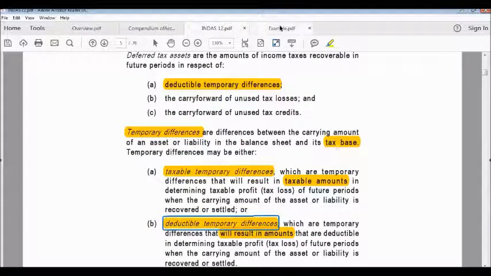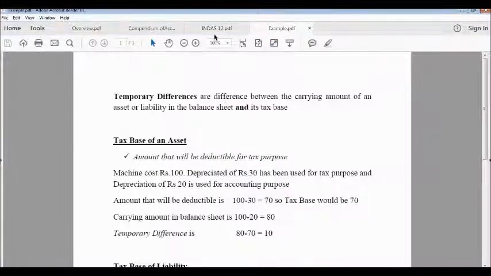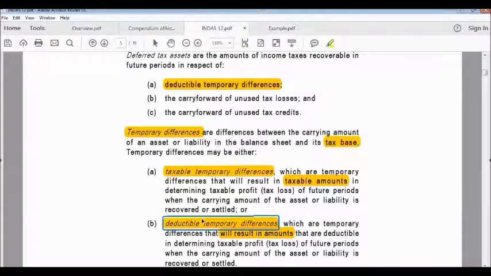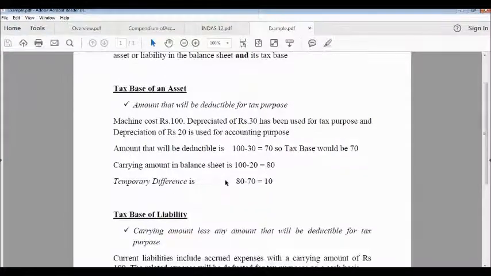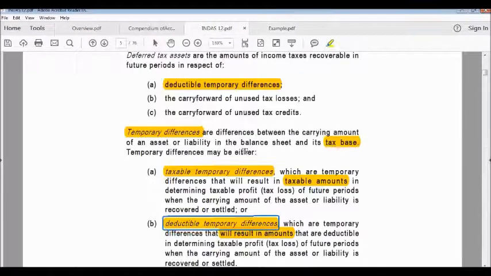So in our example, what are the taxable temporary differences and what are the deductible temporary differences? In our example, this one is the taxable temporary difference, because of the 10 rupees you will have a taxable amount in determining taxable profit of the future period.